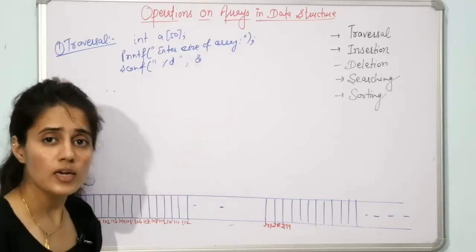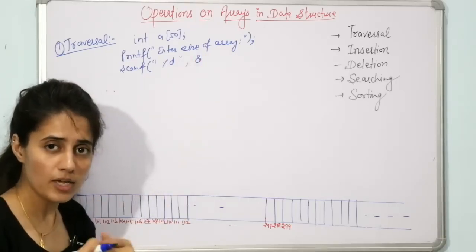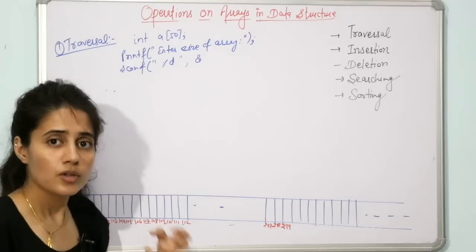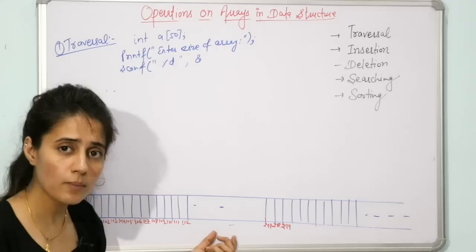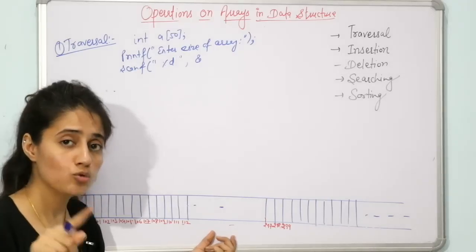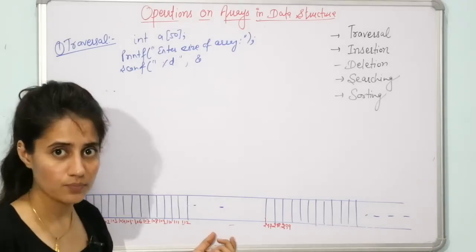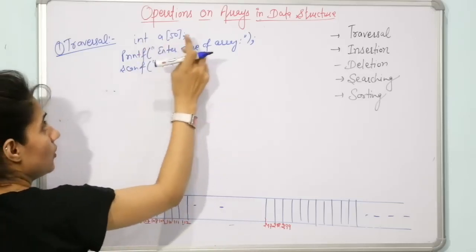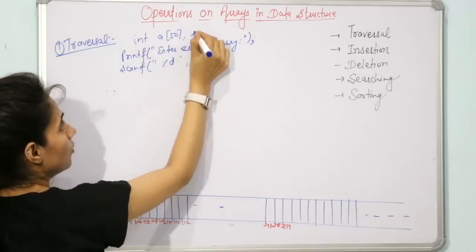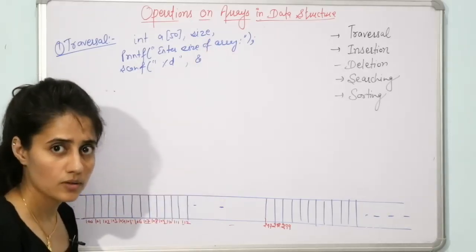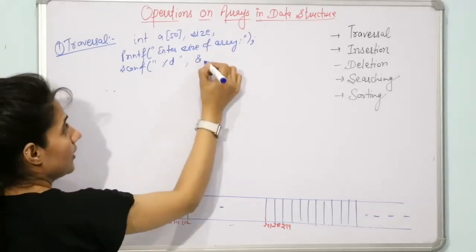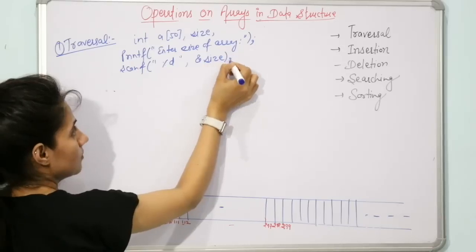Now if the user gives some integer value, then obviously that value should be stored in memory. And how is a value stored in memory? Using a variable. So you have to declare another variable. Let us suppose we have declared the array, and I am going to declare one variable named size. And I am going to write here address of size.